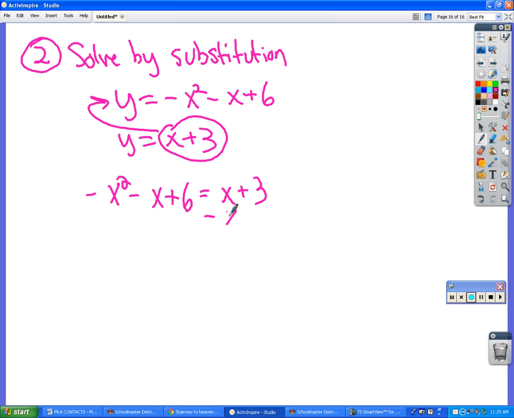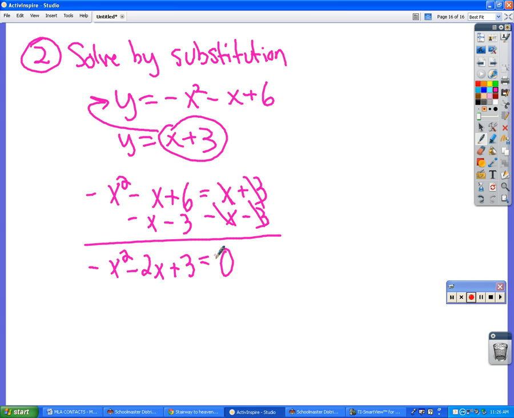So I'm going to subtract x from both sides, and I'm going to subtract 3 from both sides. That gives me negative x squared, negative x take away x is minus 2x, and plus 6 take away 3 is 3. And these things both cancel over here, so that equals 0.